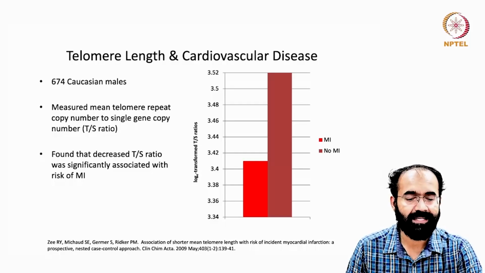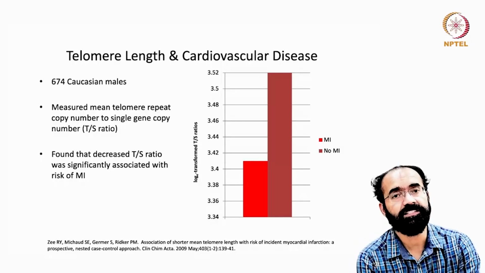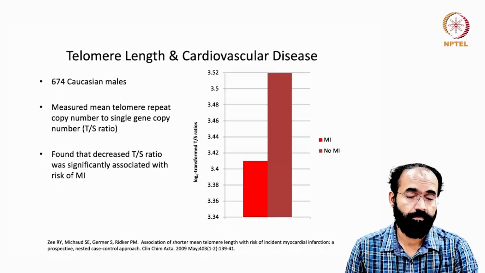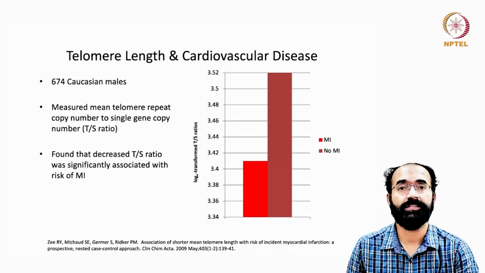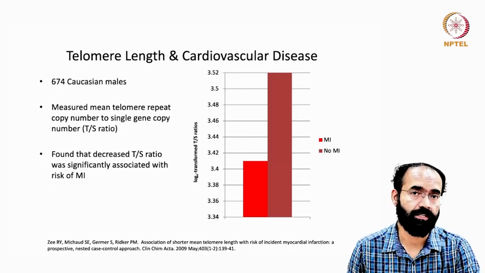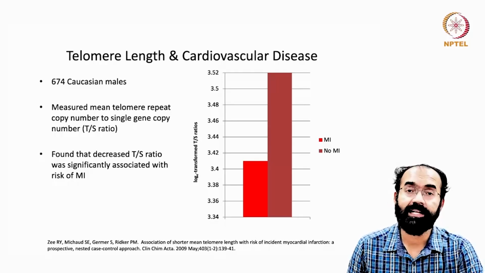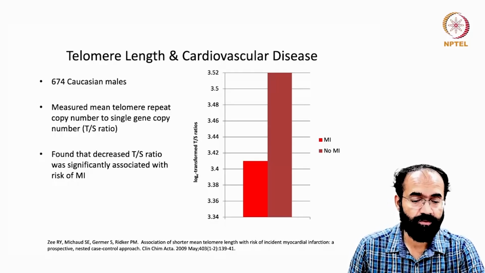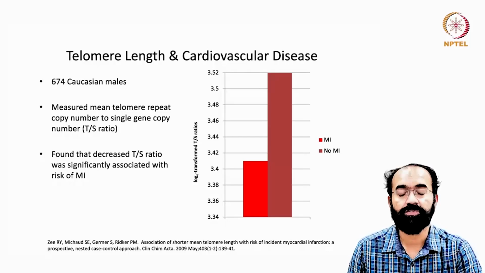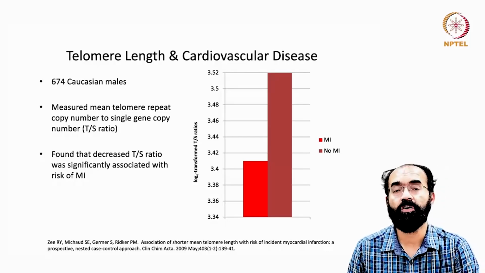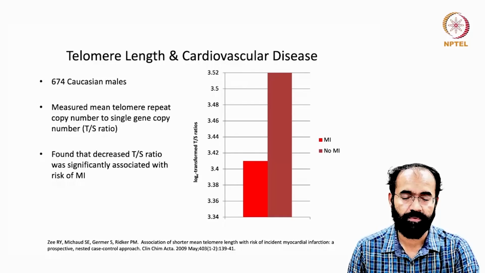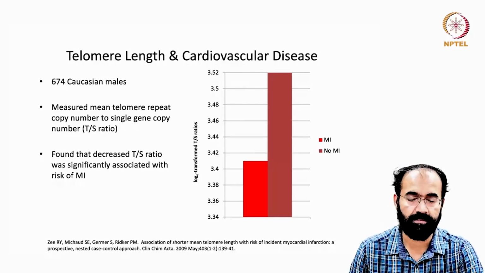They have found that a decreased TS ratio, which means the numerator is getting shorter and shorter while the denominator remains constant, was significantly associated with the risk of myocardial infarction or coronary heart problem.